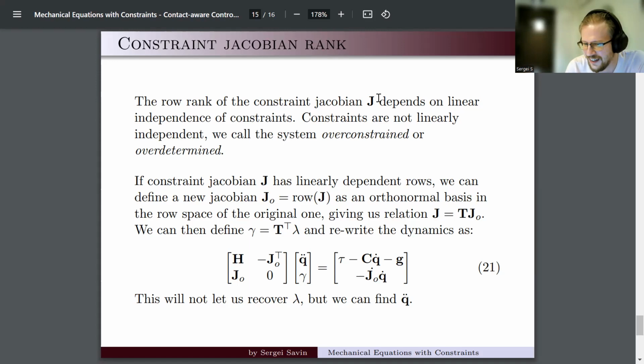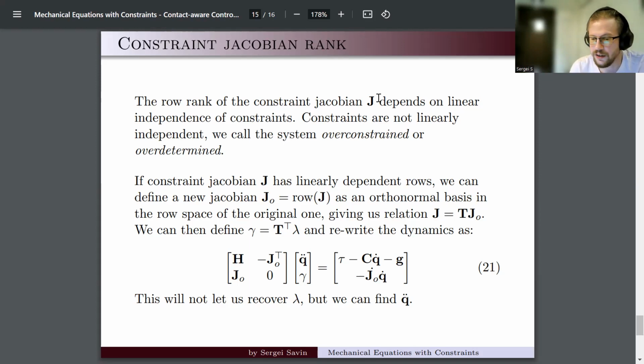So one of the constraints didn't actually do anything in terms of determining the position of your table, determining its degrees of freedom. It didn't take any degrees of freedom. In fact, that is one of the ways to compute if the system is over-constrained. If you can take away one of the constraints, and the whole system will still have the same number of degrees of freedom as before, that means that your system is over-constrained, right? And a table is very over-constrained.